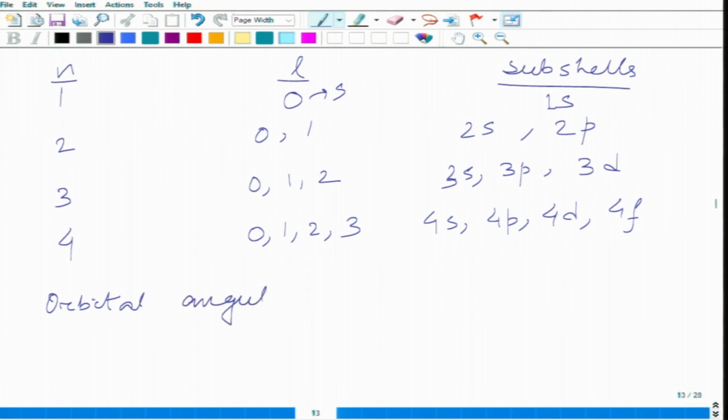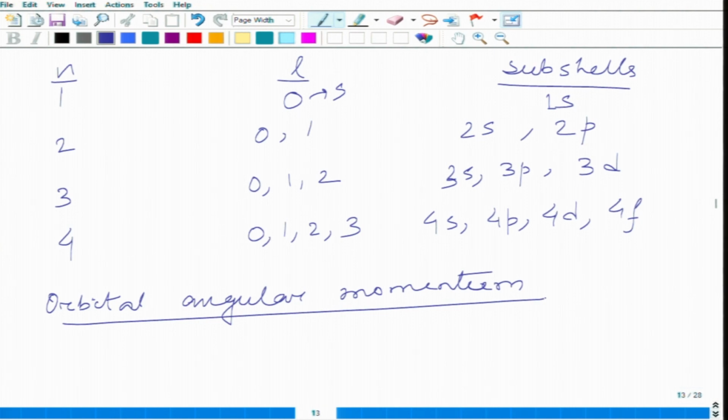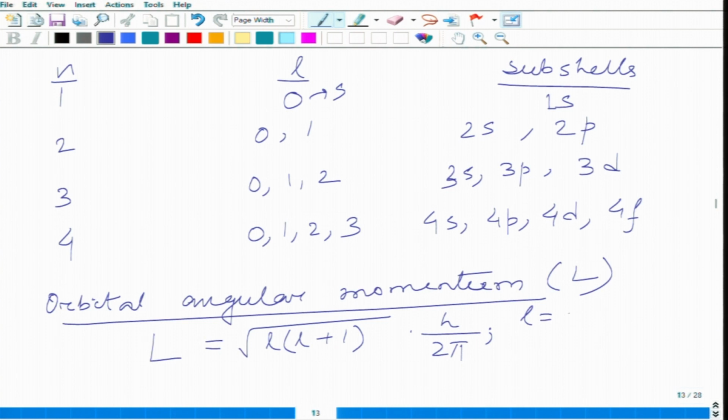Orbital angular momentum can be found out by L. So if it is denoted by capital L, capital L is given by square root of L into L plus 1 into h by 2 pi, where L is the azimuthal quantum number.